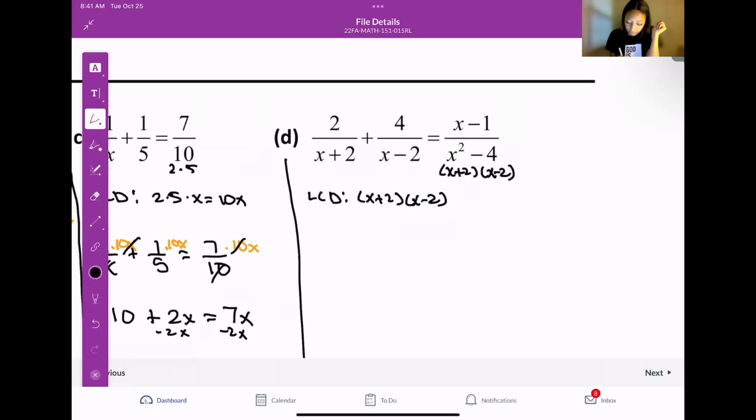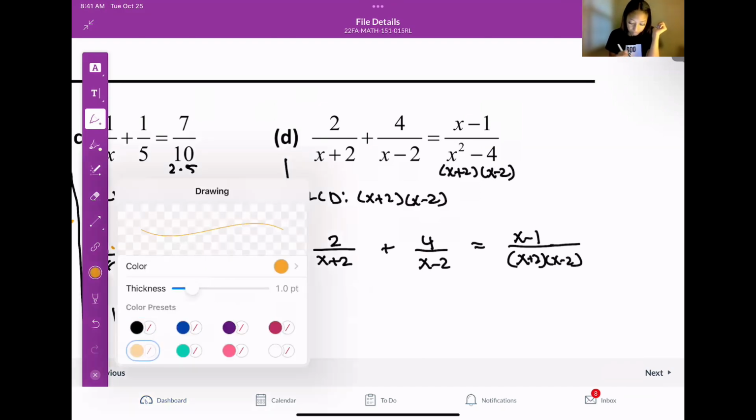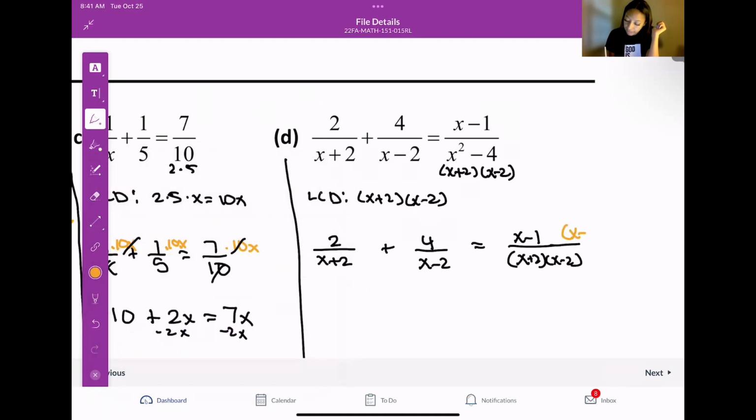All right, so we're going to need a little bit more space. But if we multiply each of these terms by the LCD, all right, if we multiply everything by x minus 2 times x plus 2, something cancels.